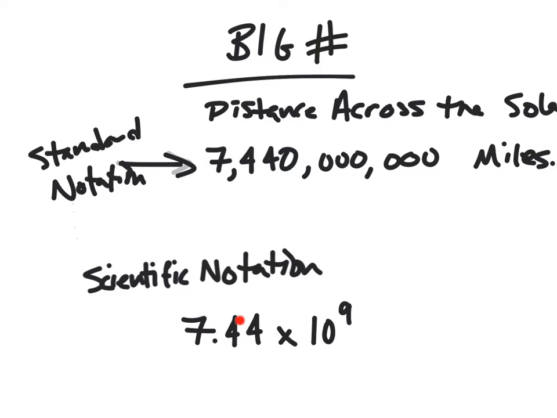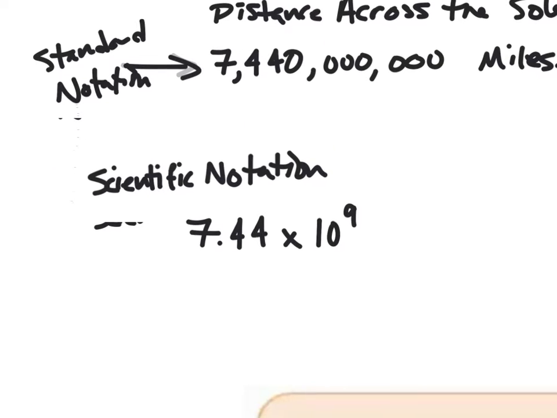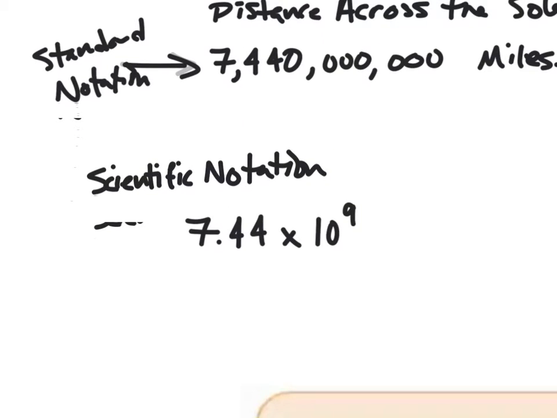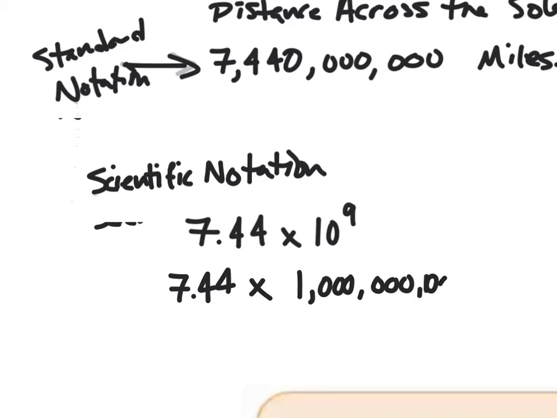What this allows me to do is to write this very large number as a small number times a multiplier, okay? And so if I think of 10 to the ninth power, then really all I'm doing is this. I've got 7.44 times 10 to the ninth power, which is really times a billion, okay? So that'd be a 1, 1, 2, 3, 1, 2, 3, 1, 2, 3.